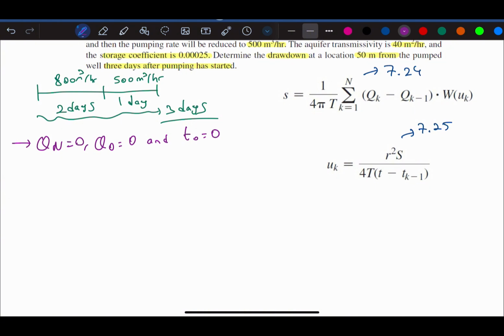So here when we say N, we have two segments, which are for these 2 days, and this is for 1 day. So N is 2.